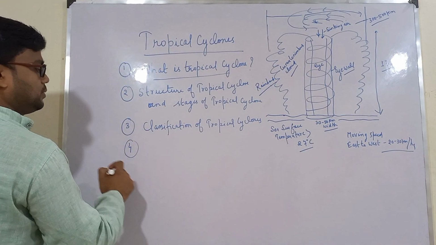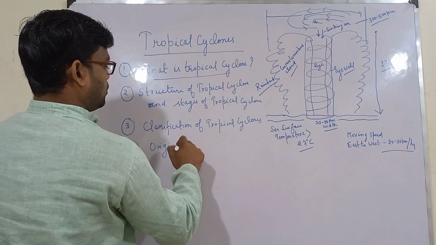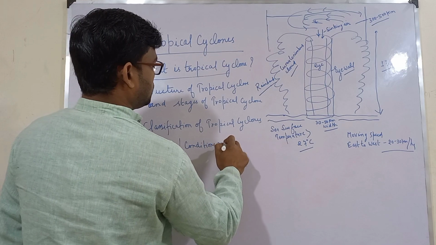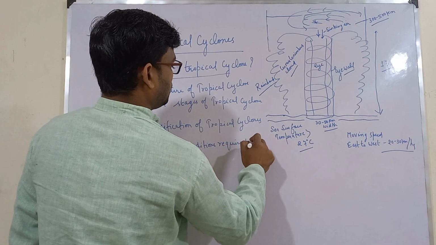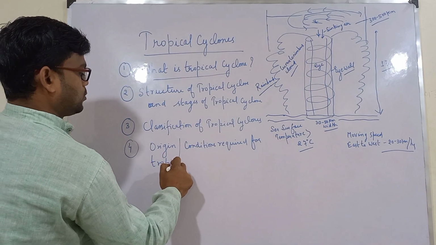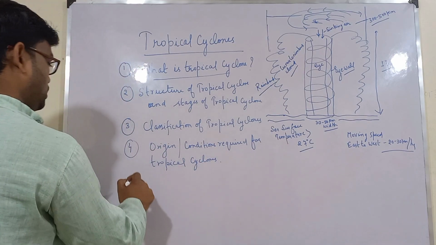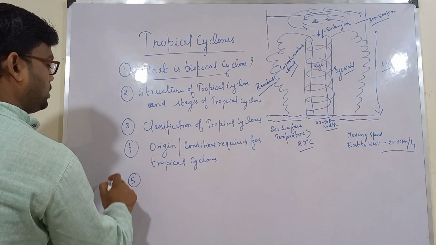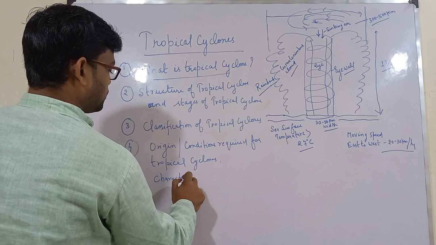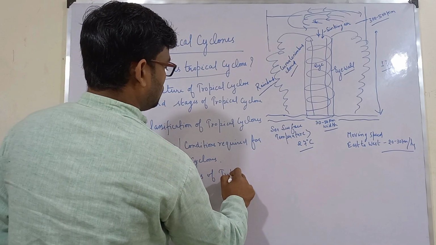Our fourth heading is origin or conditions required for tropical cyclones. Fifth point is characteristics of tropical cyclones.